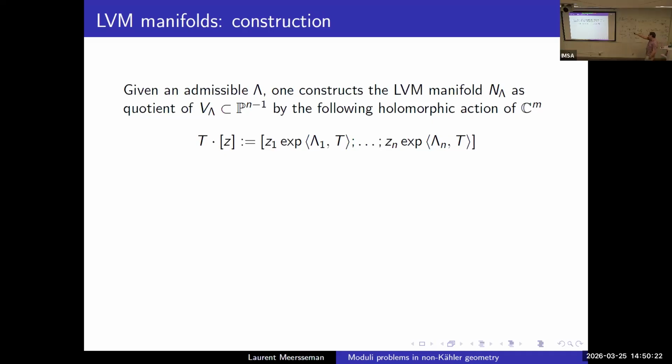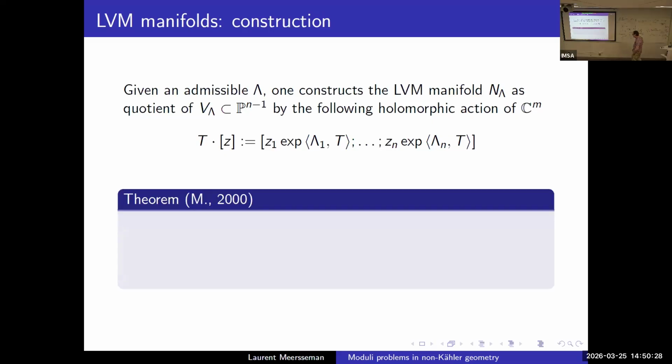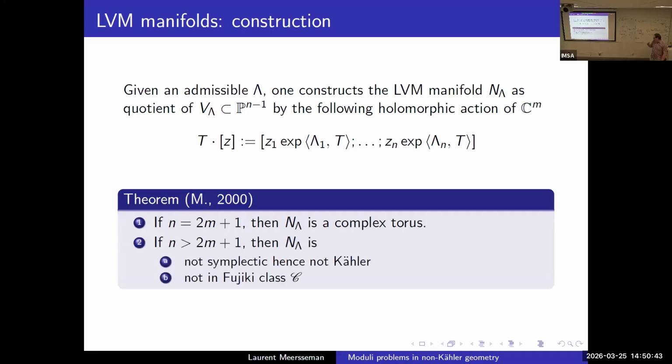So on this subset V_Λ, this action is proper, and the quotient is a compact complex manifold. And the point is that in the limit case, when n is equal to 2m plus 1, you have a complex torus, a compact complex torus, not the case I'm interested in.